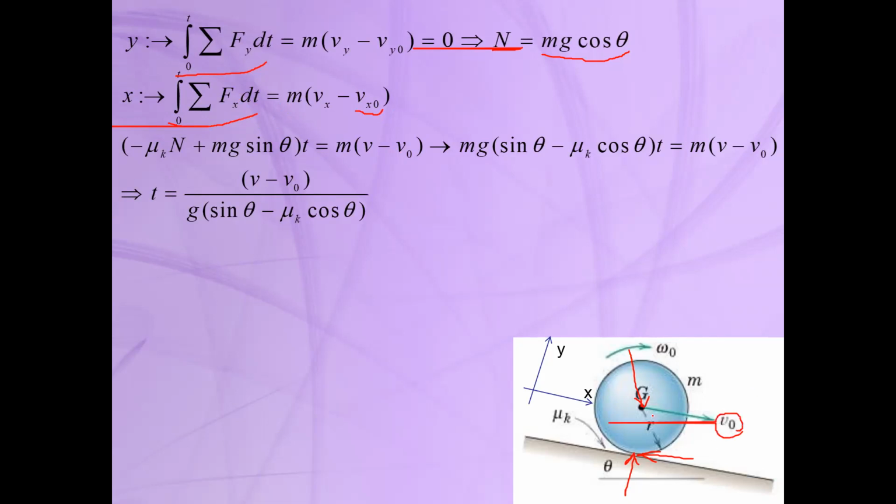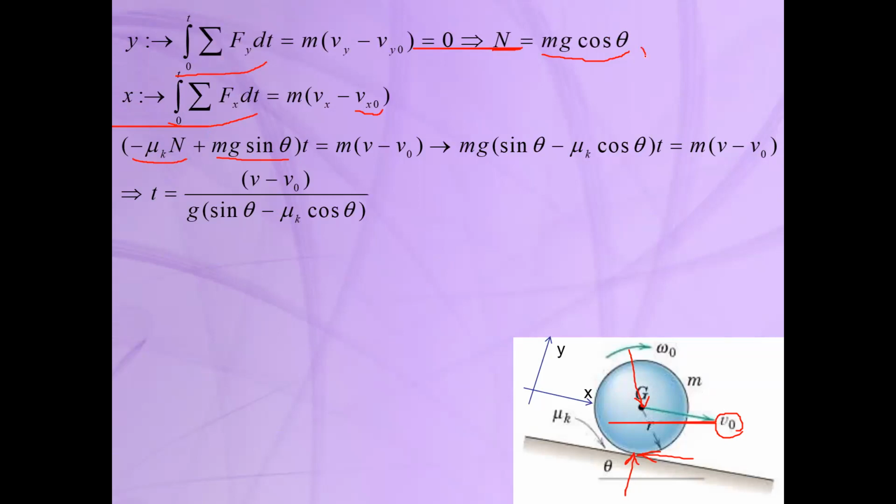The summation of the force in x direction includes mg sine theta, the x component of the weight, and also the friction force, which is mu k times n, and n is mg cosine theta.